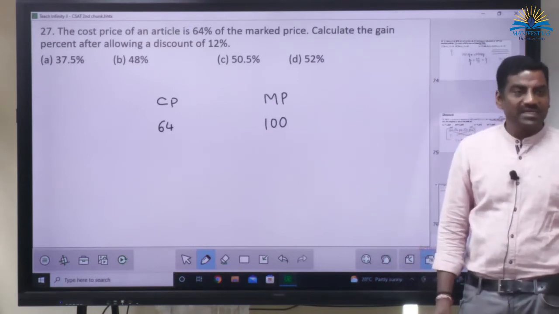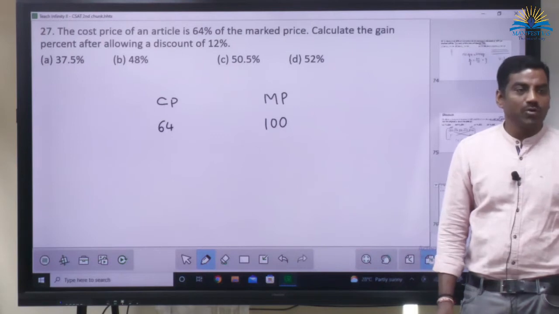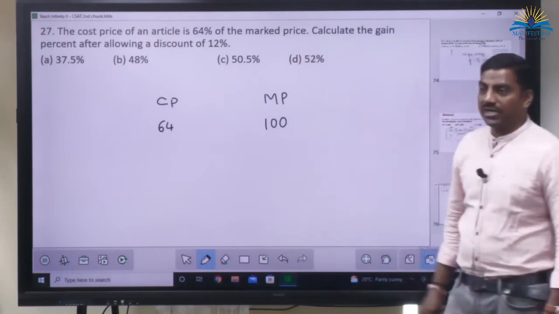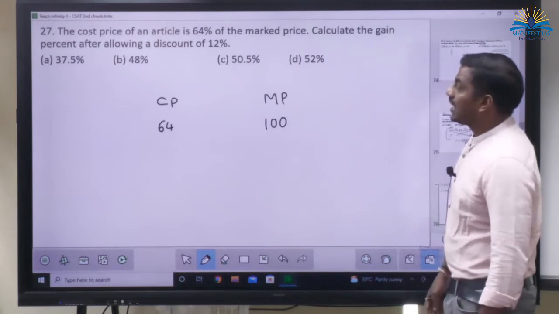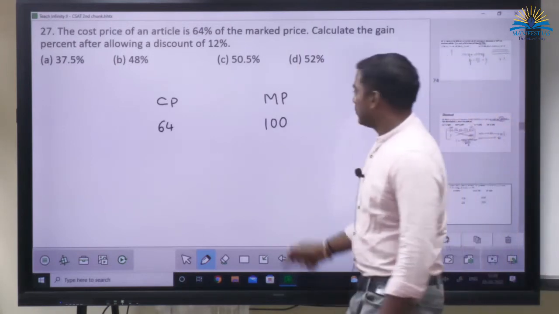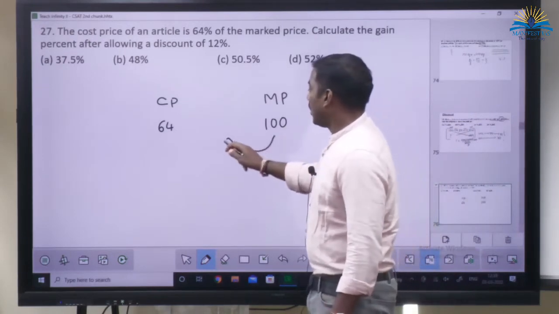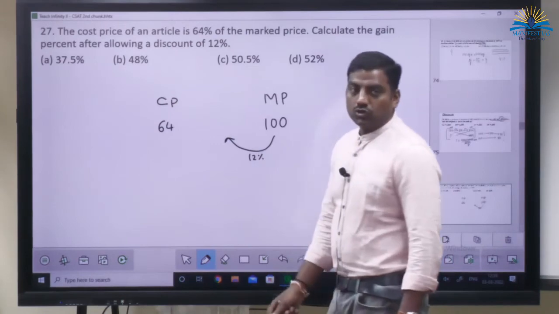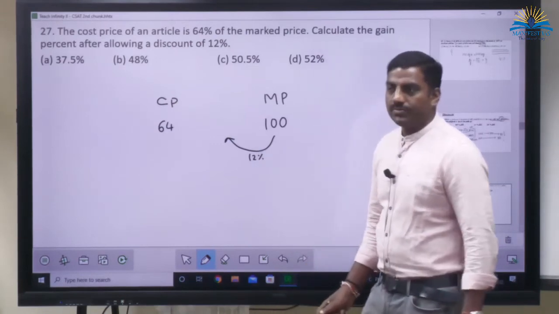So if market price is 100, the cost price would be 64, because it is 64% of the market price. Calculate the gain percentage after allowing a discount of 12% on market price. So 12% discount would give me how much?